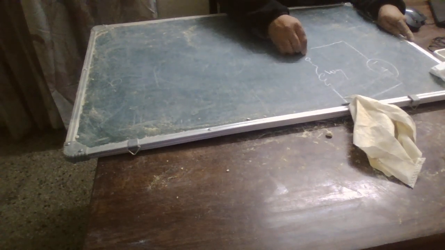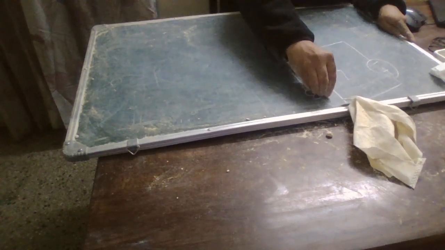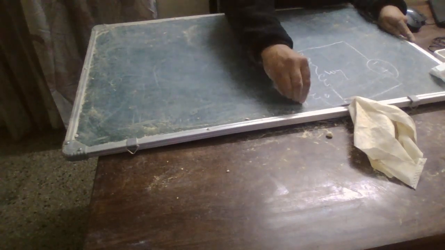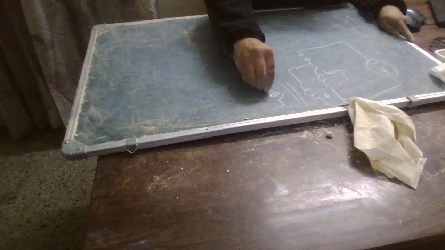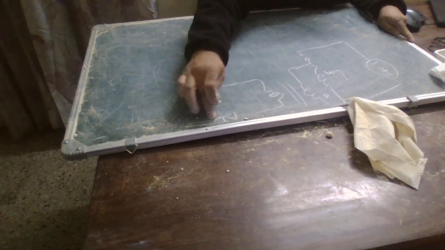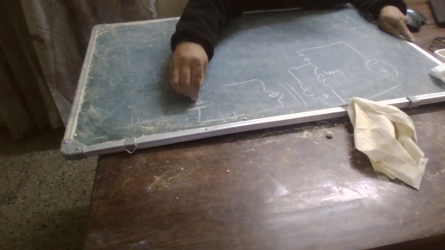Here the switch is open now. Here we have a transformer primary and here a transformer secondary, and it is going to close. It would not be an open circuit. This is a capacitor.